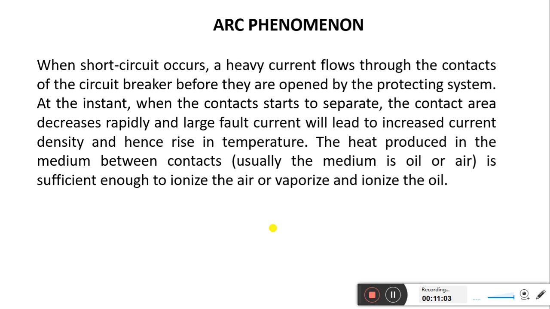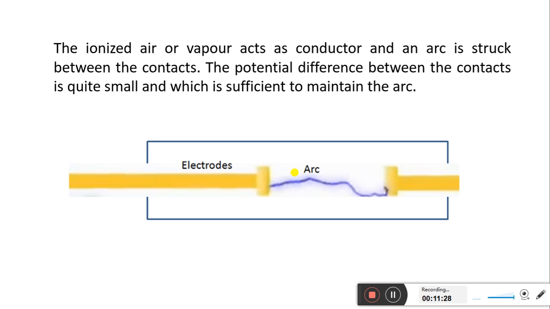As soon as the arc is developed, it tries to ionize the particles available in the air between the circuit breaker contacts. This helps to maintain the arc, or keeps the arc going for further time. That is the arc phenomenon.